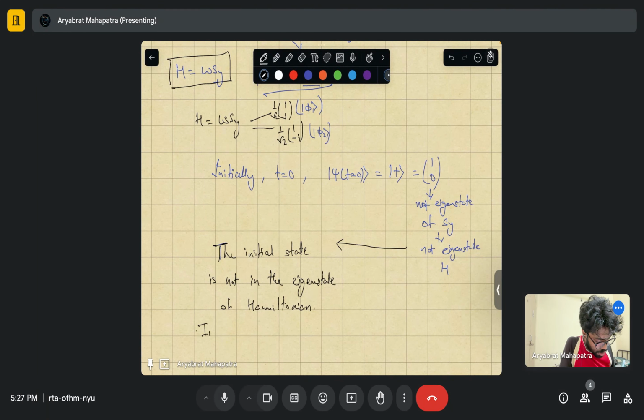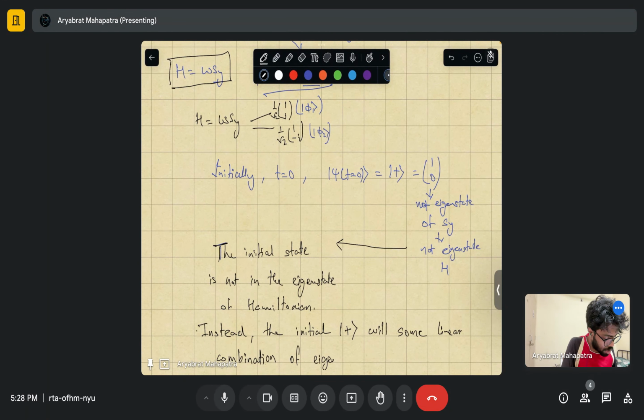Instead, the initial state plus will be some linear combination of eigenstates of the Hamiltonian H or Sy.